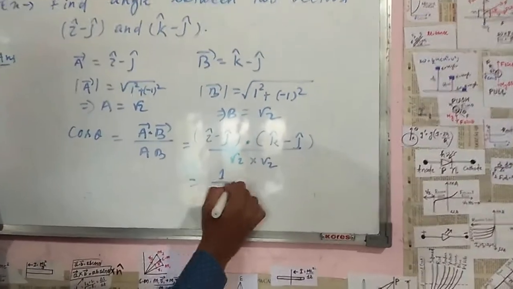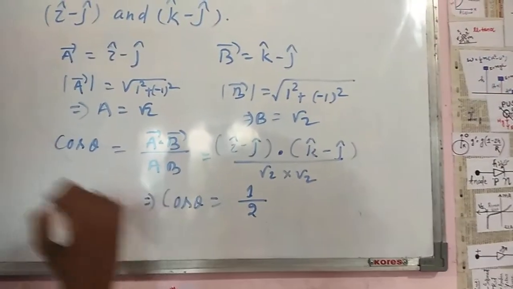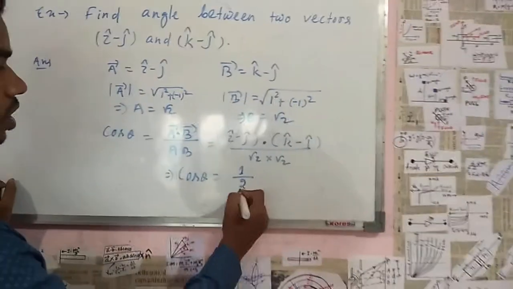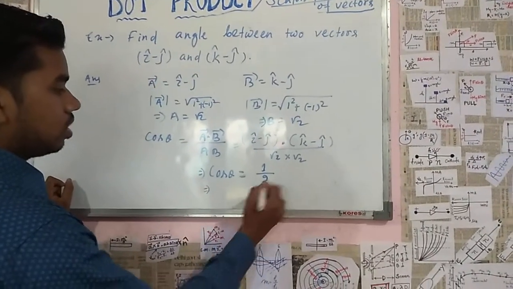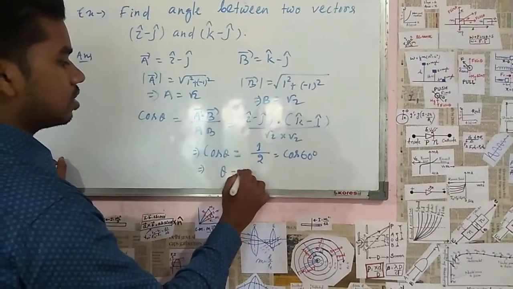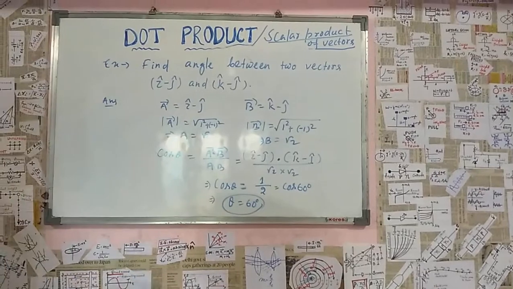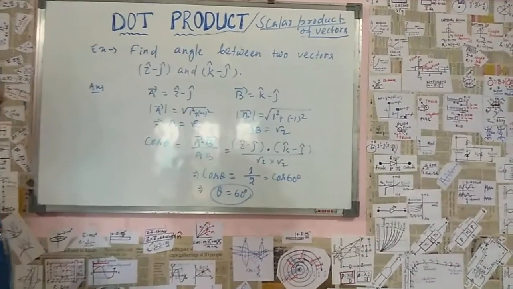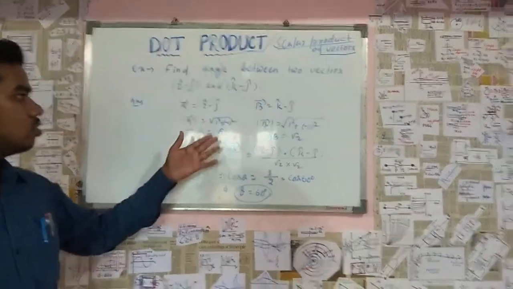So 1 by 2, you will get cos theta equal to half. Which value of theta gives half? Cos 60 degree. So theta will be 60 degree. So the angle between the two vectors will be 60 degree. In this way you can simplify. I have taken one example.